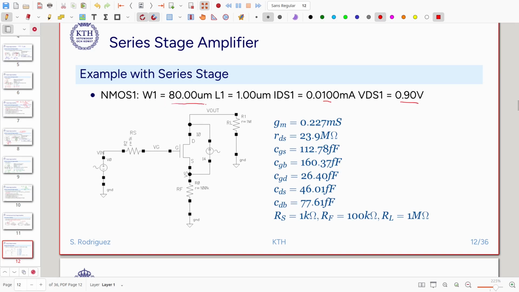It has some dimensions here, and we extract the small signal parameters for this transistor using the templates that we have already created in lab 1. We connect it like this. We have RF here connecting the source to the ground through this 100 kilo resistor. The voltage source has an impedance of 1 kilo ohm, and we are loading the output with 1 mega ohm to ground. So let's take a look. How can we calculate the voltage gain of this amplifier under these conditions?